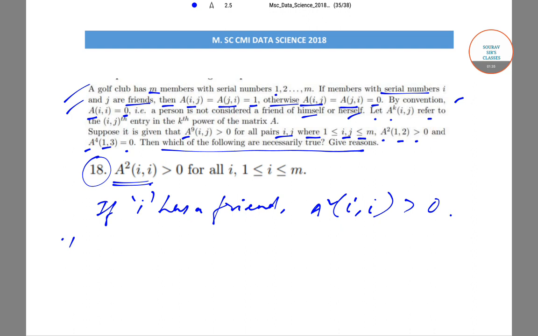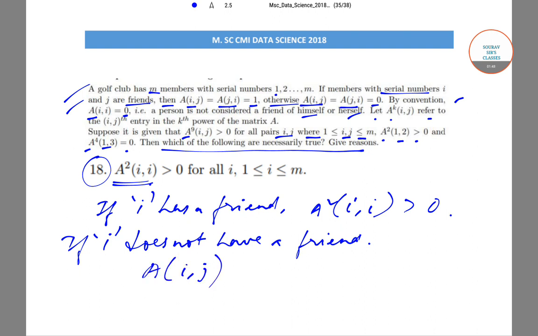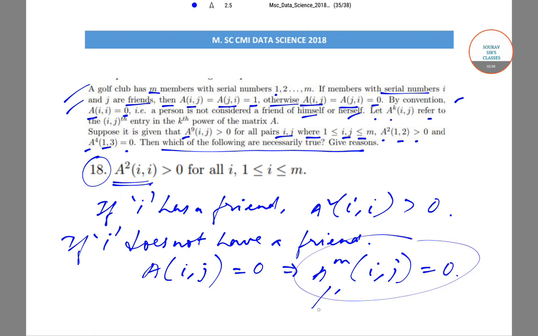Now comes the case that i does not have a friend. In that case it means that a of i, j is equal to 0, and that will definitely also mean that a to the power m of i, j is also equal to 0, and this is true for all m and all j.